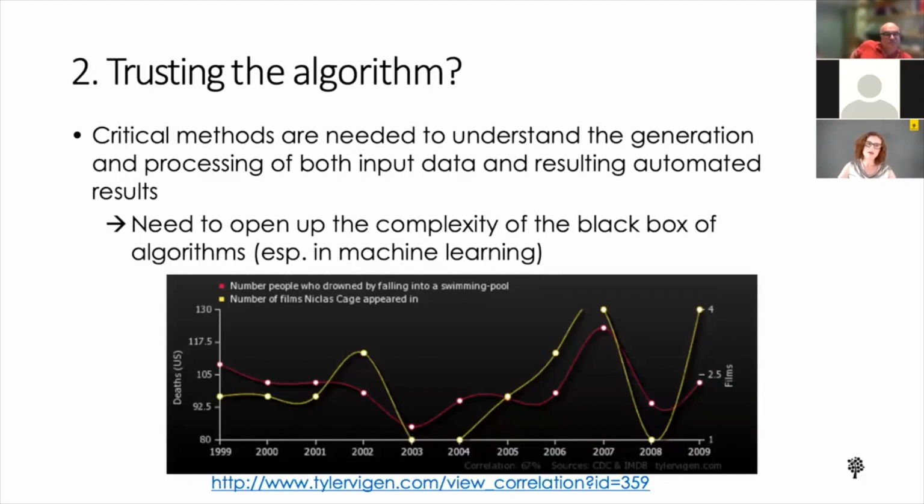Also, how much can we really trust the algorithms? We really need critical methods to understand both how the data are generated and processed, both the input data as well as the resulting results. We really need to open up the complexity of the black box of algorithms, especially in machine learning.